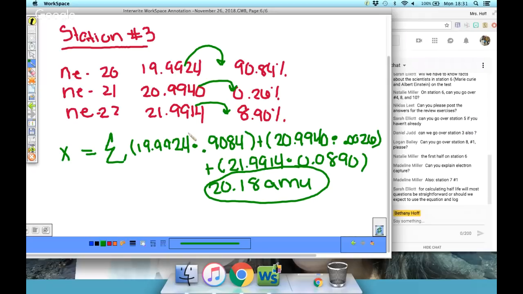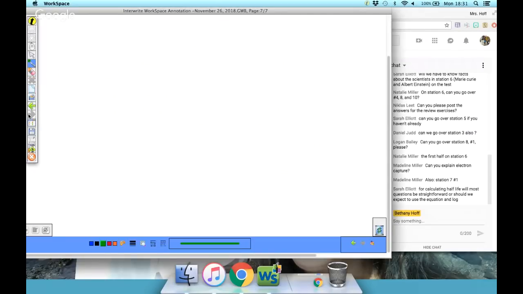Can you go over station number 8, number 1? Number 1 is going to be a little bit hard to go over. I will talk about it, but the reason is that I don't have the graph. You guys can't see the graph in front of you.